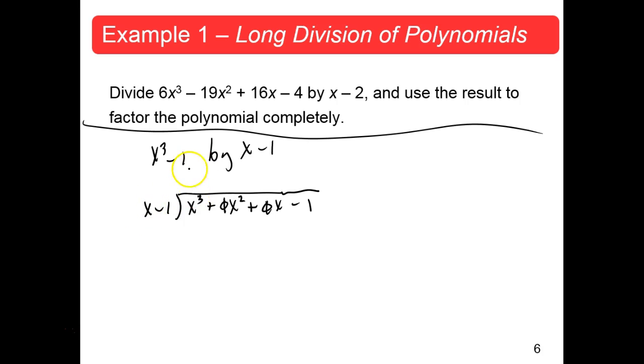x will go into x cubed x squared times. Then you do what? Multiply. x squared times x is x cubed, and x squared times a minus 1 is minus x squared. You see why you have to have that term there? If you put the minus 1 there, you'd be all messed up.